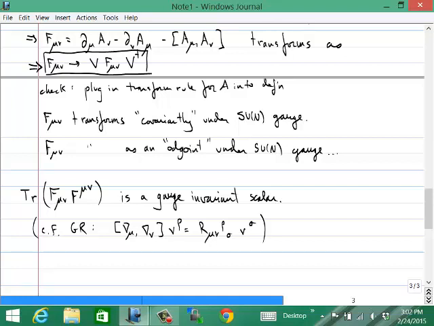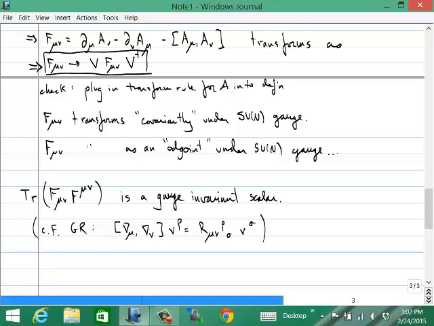Right, yeah. Is it obvious to anyone? It's not. I think it's true. The idea is that at a point, A mu, A nu, A1, A2, A3, A4 are just four n by n matrices. And so I think you can choose a gauge where they will be mutually commuting.